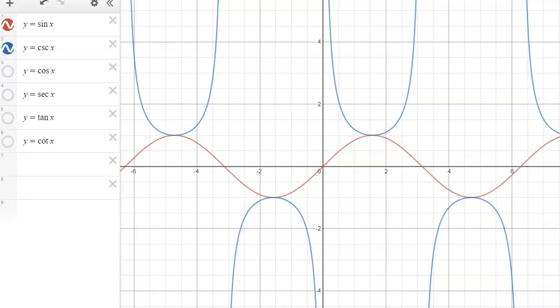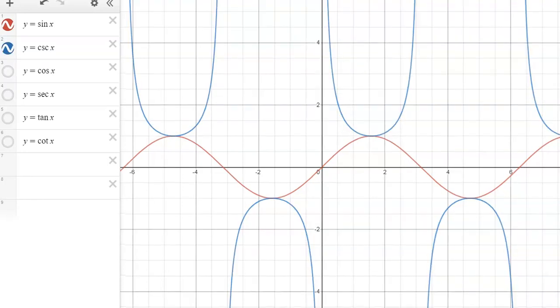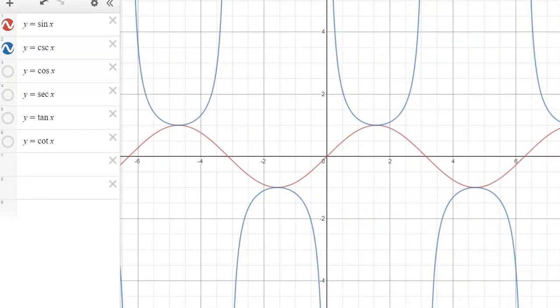So these asymptotes exist at 0, and then at pi in radians or 180 in degrees, and then at 360 and at minus 180 and minus 360 and so on and so forth.